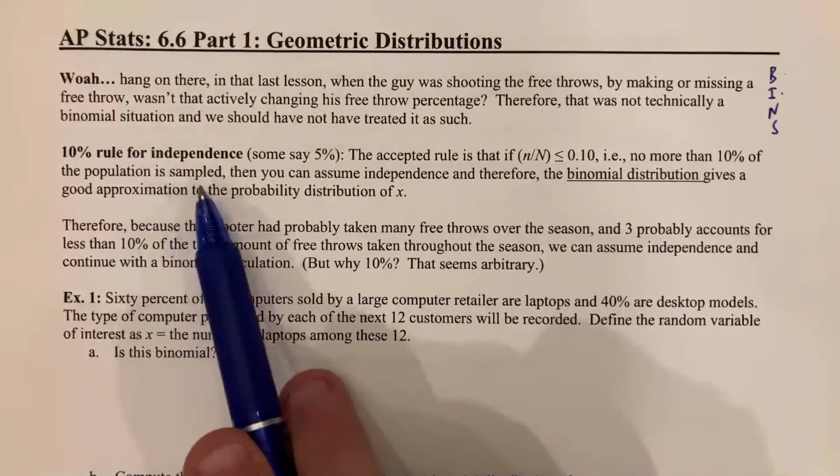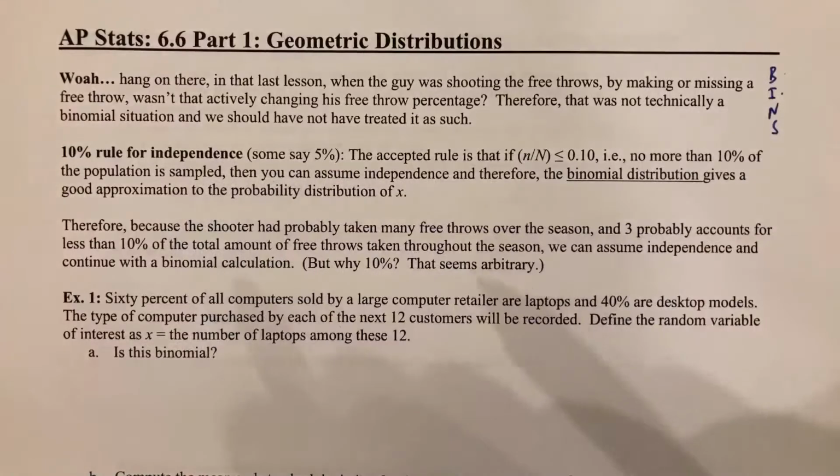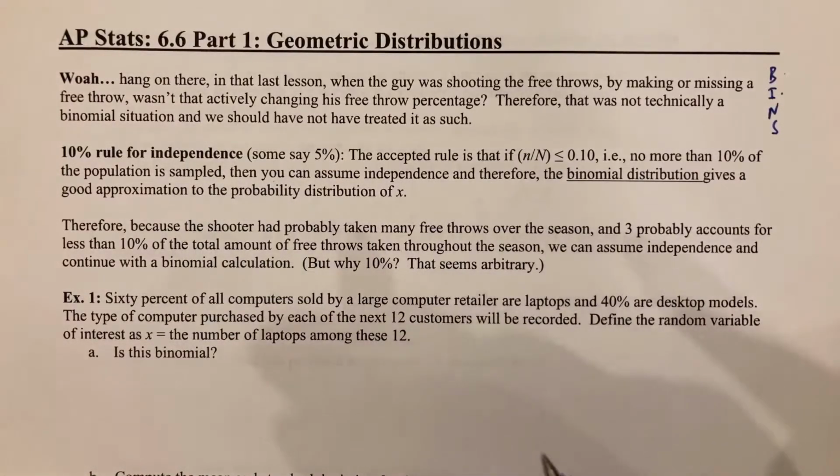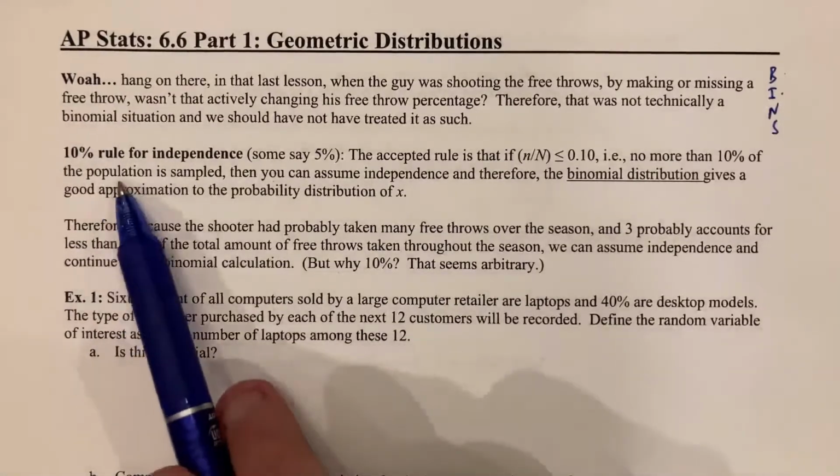That's what that means. So like in the free throw situation, he shot 3 free throws. So 3 free throws is probably less than 10% of all the free throws he shot. Because it's such a small number compared to the overall population of free throws, we go ahead and say that the probabilities probably weren't changing all that much.